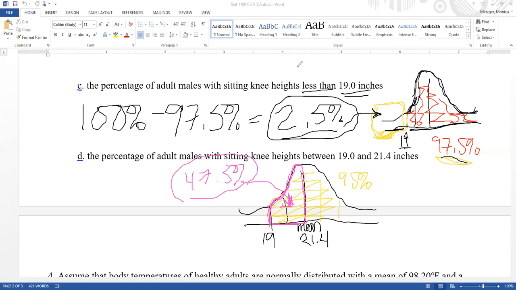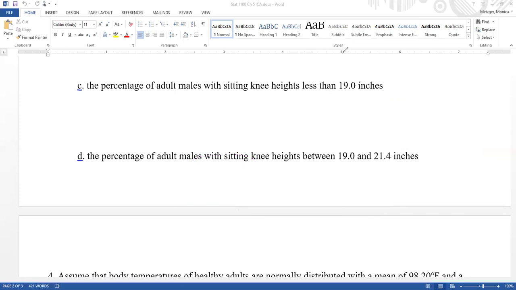On these examples, I used the value of 19 quite a bit because there is something significant about the values that are outside of 2 standard deviations. So let me go ahead and clear this and move back up to our notes.